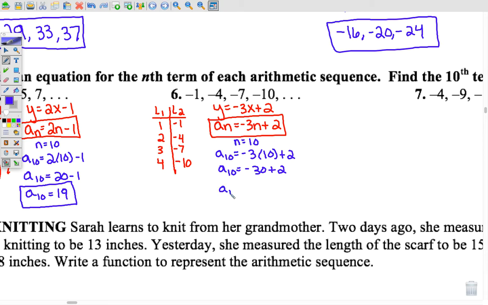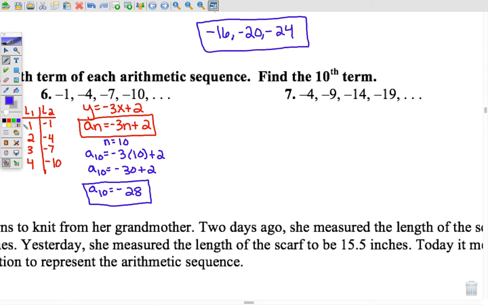So your 10th term here is going to be -28. All right, not too hard.